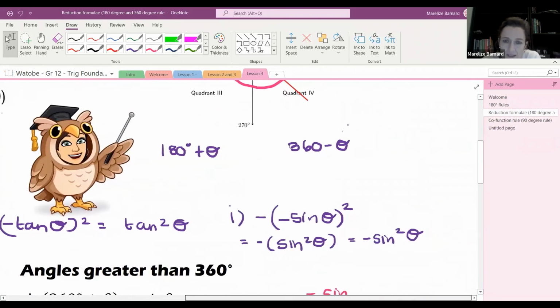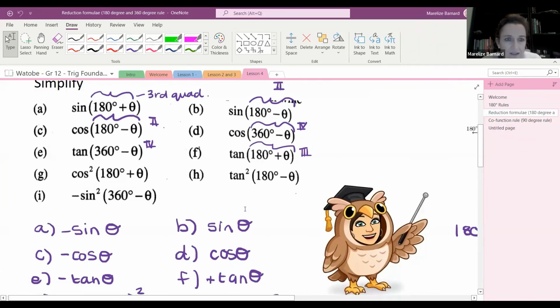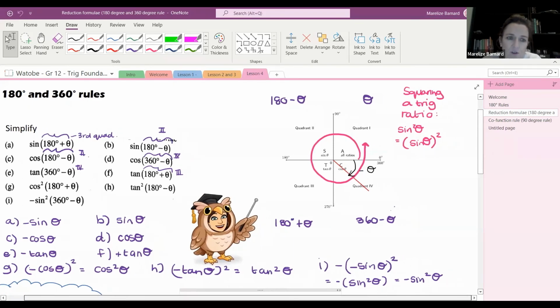Okay, let's go over here. You see that it is 360 minus. So that is the fourth quadrant. Sine in the fourth quadrant is negative. Can you see there? You understand that? Yes, ma'am.